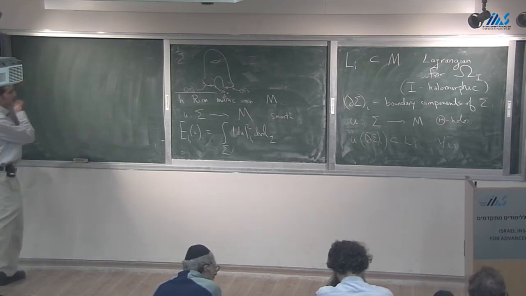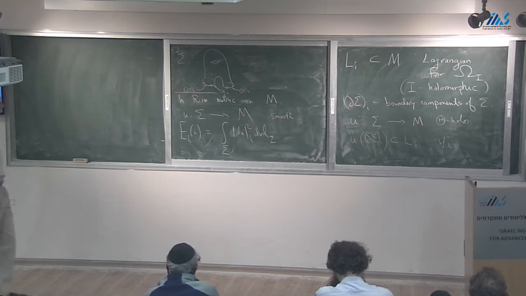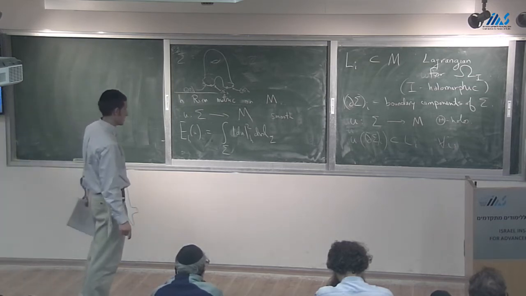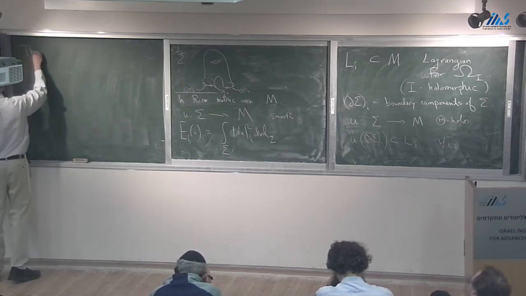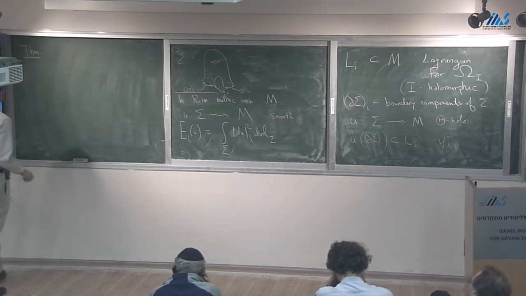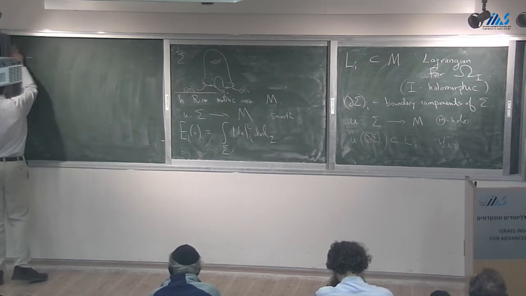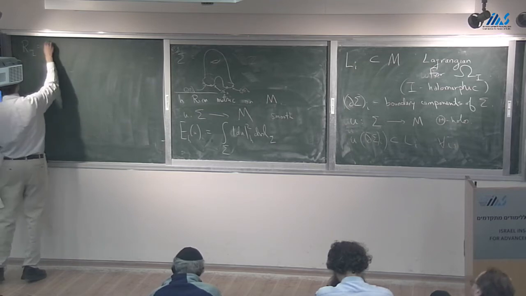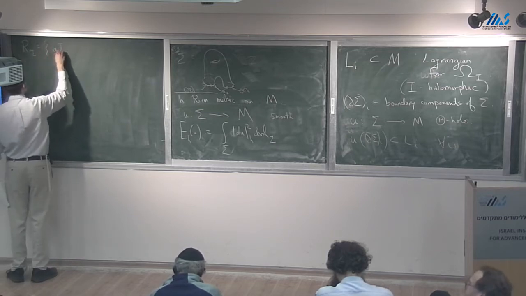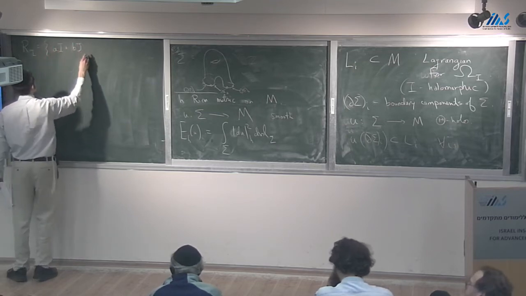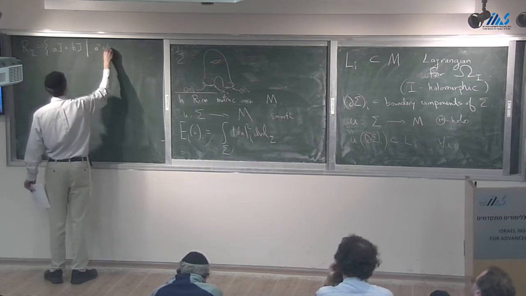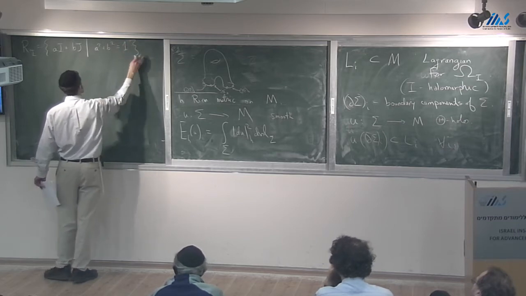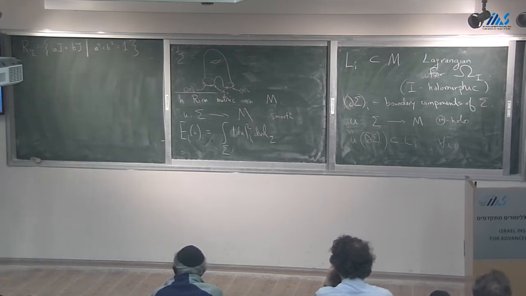So now, with the theorem, oh, I just need one more piece of notation. Let's say that R_I is equal to the set of all aI plus bJ such that a squared plus b squared is equal to 1. Okay?